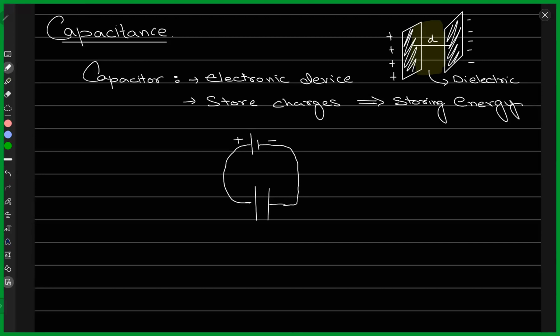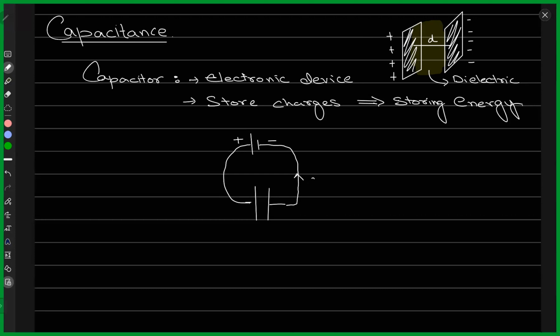What happens as soon as I do this, charges begin to flow, and when charges flow, you know, that's current, right? So current starts flowing into the circuit, right? That means that if this plate had positive charges, then the positive charges will start flowing in this way.